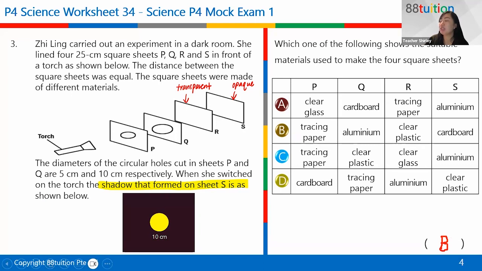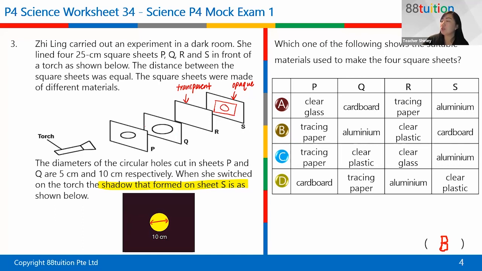So if you notice, the shadow formed is one of 10 centimeters. When she switched on the torch, the shadow formed on sheet S is as shown below. Okay, so this is the shadow formed, and it's 10 centimeters.